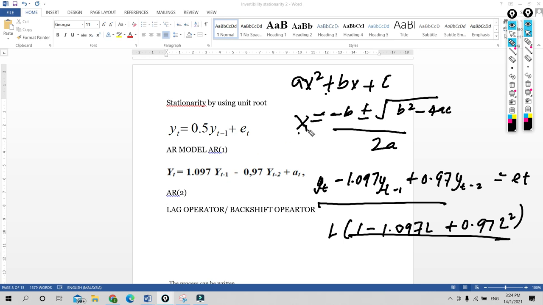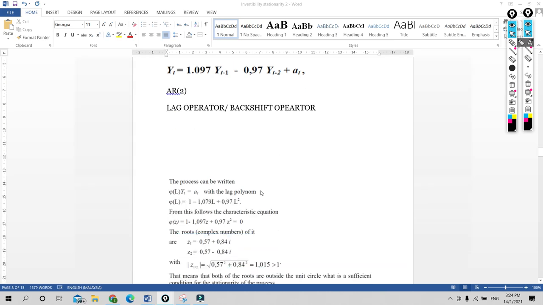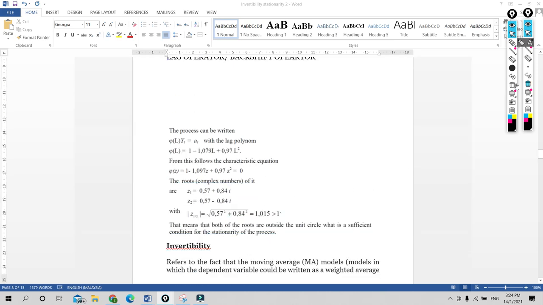After factorization, the answer here is L1 equal to 0.57 plus 0.84 i. So I just put i here.